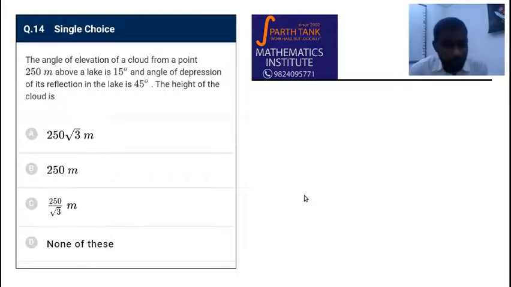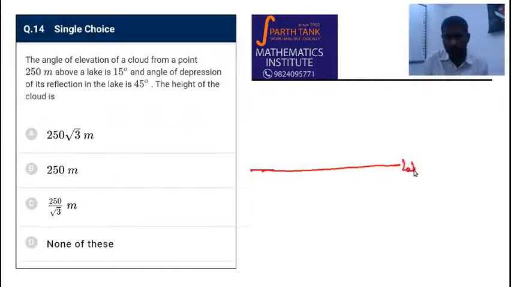The angle of elevation of a cloud from a point 250 meters above a lake is 15 degrees. That is, there is a lake. Let us say this is the surface of the lake, and there is a cloud. Let us say the cloud is at some height h, because eventually the question is what is the height of the cloud.